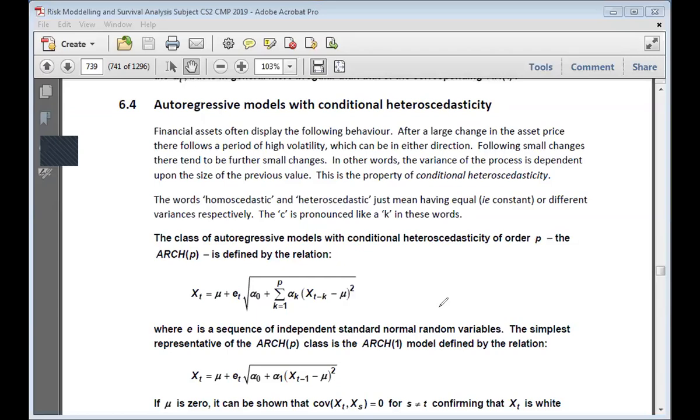Anyone? Come on, I think everyone should know about heteroscedasticity. I think I have discussed heteroscedasticity previously as well, sometime in some lecture.